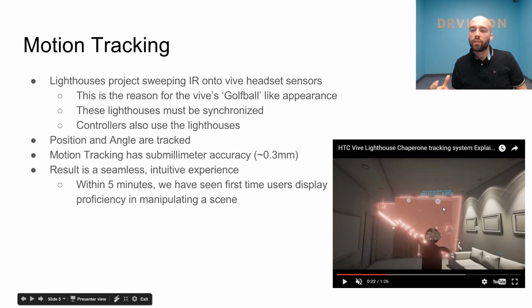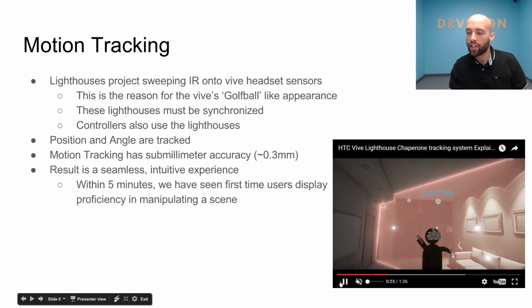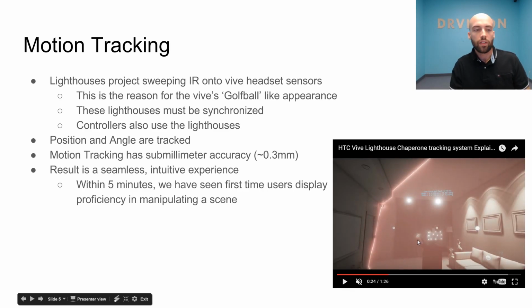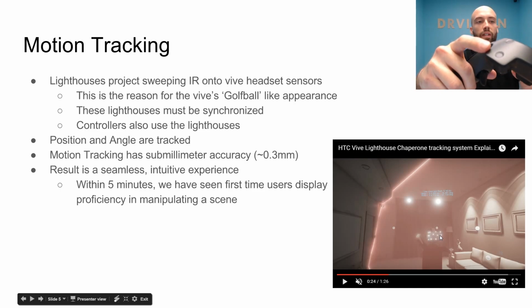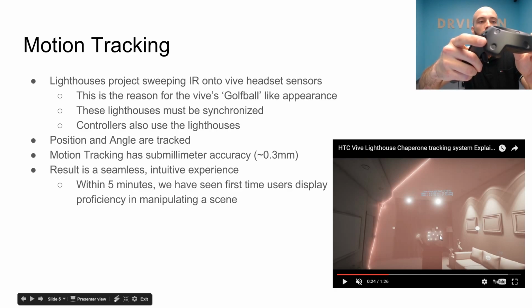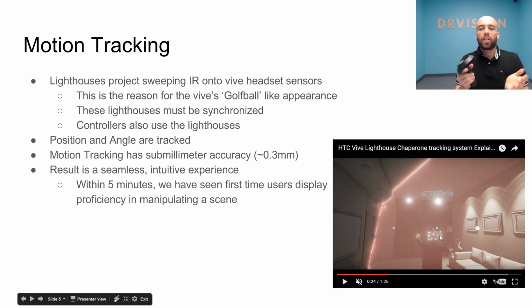So this sweep of infrared will hit the Vive controller and headset, and as you see right here, this little guy's headset is lighting up. And what it's hitting are these diodes right here. They're photosensitive diodes for infrared. So that's what gives the Vive its golf ball-like appearance when you see this big headset, and it kind of looks like a golf ball.